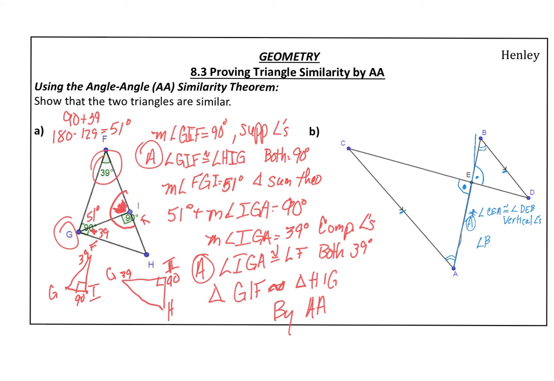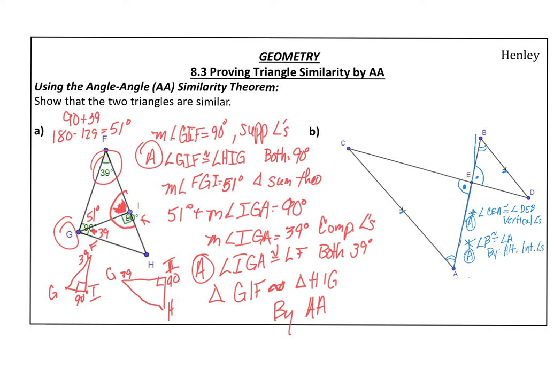Angle B is congruent to angle A, and the reason that they are congruent is they are alternate interior angles.